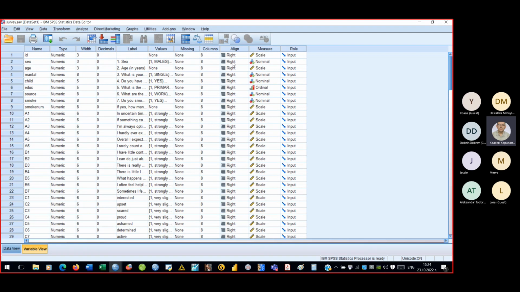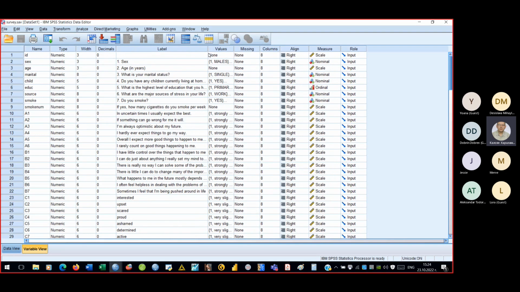Gender is a nominal variable. It is correct. Age is interval. Here in SPSS, the word is scale, not interval scale, just scale, but scale means interval scale. After that, marital status is nominal, it's correct. Do you have children? is also nominal, it's also correct.